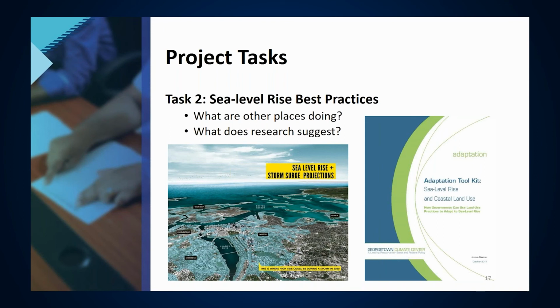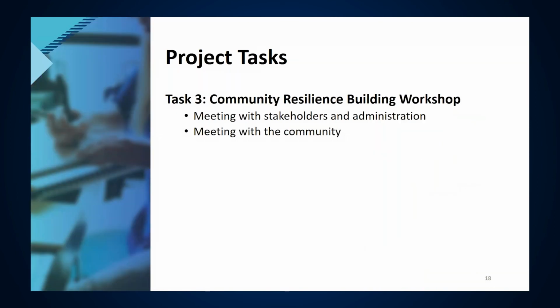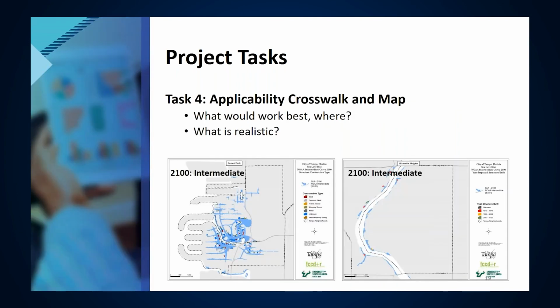Between looking at other places and looking at academic research, we'll be making an inventory, trying to understand what options we have. And as we go forward, especially once we get those first two things accomplished, we'll be communicating this to you all, to the public, and to the stakeholders and administration, and sharing results.